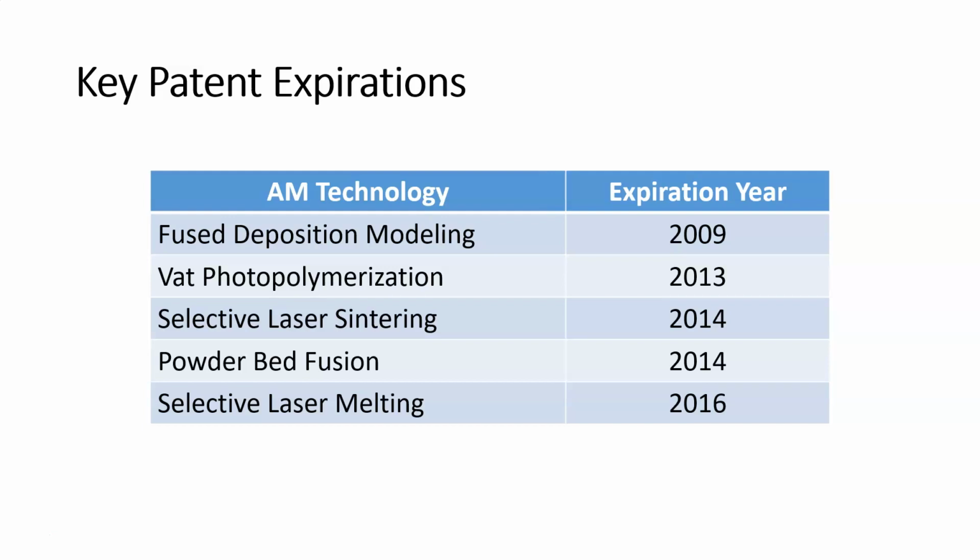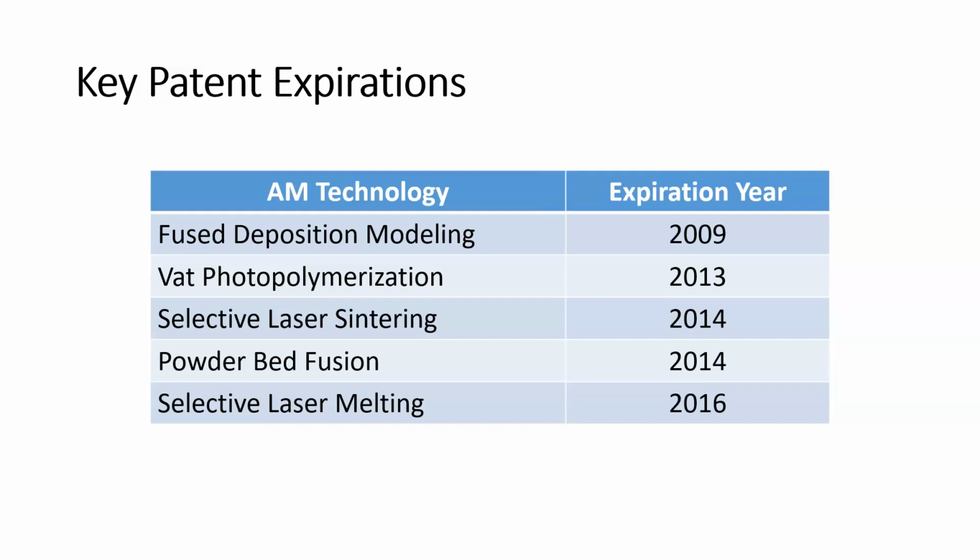All those developers, they patented their technology. All right. And when they have the patent for that technology, then you can only buy those machines from those suppliers and manufacturers. Okay. So this is a list of the different additive manufacturing technologies and when their expiration date from their original patent filing is.